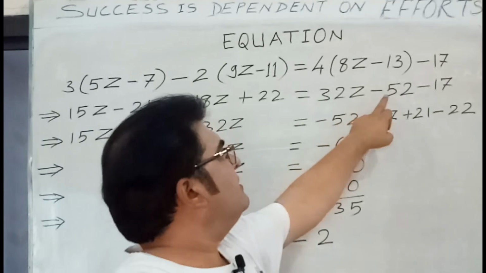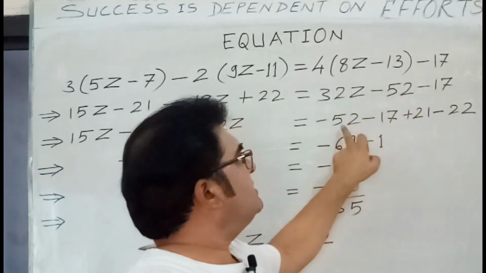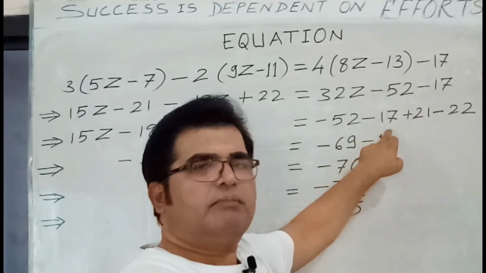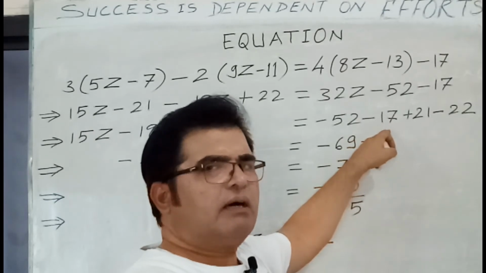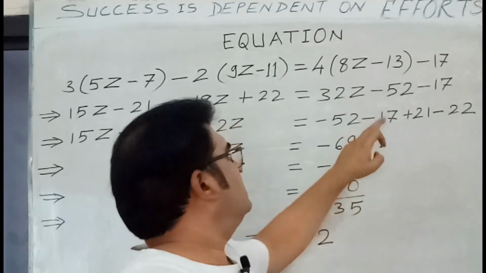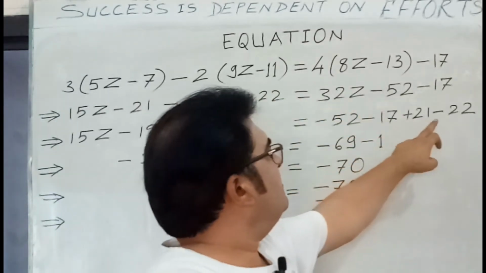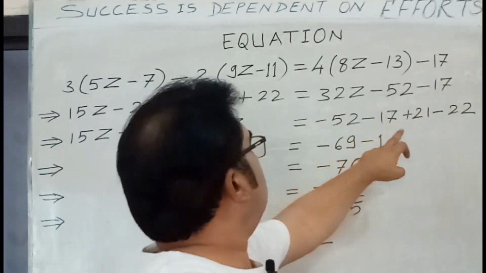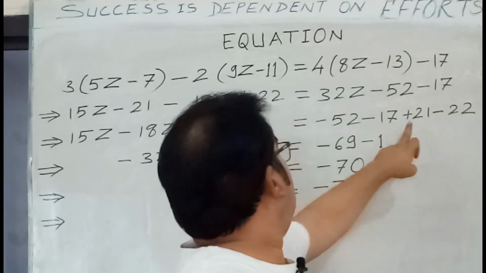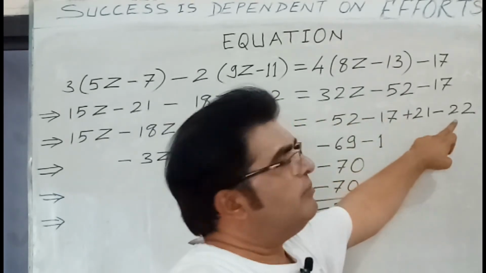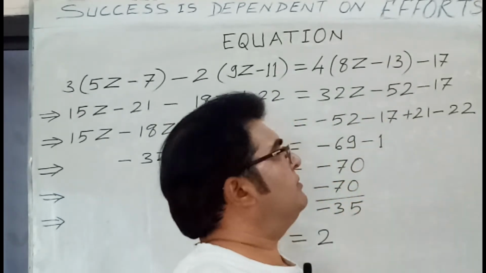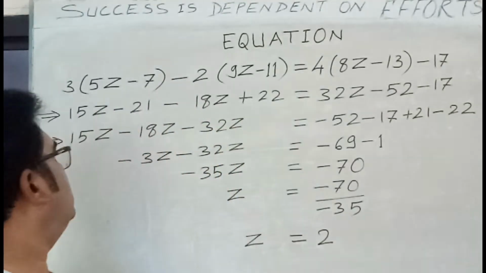Then numerals are minus 52, minus 17, written the same because they are in RHS. Now also, transposing, minus 21 became plus 21 and plus 22 became minus 22. Now simplify them.